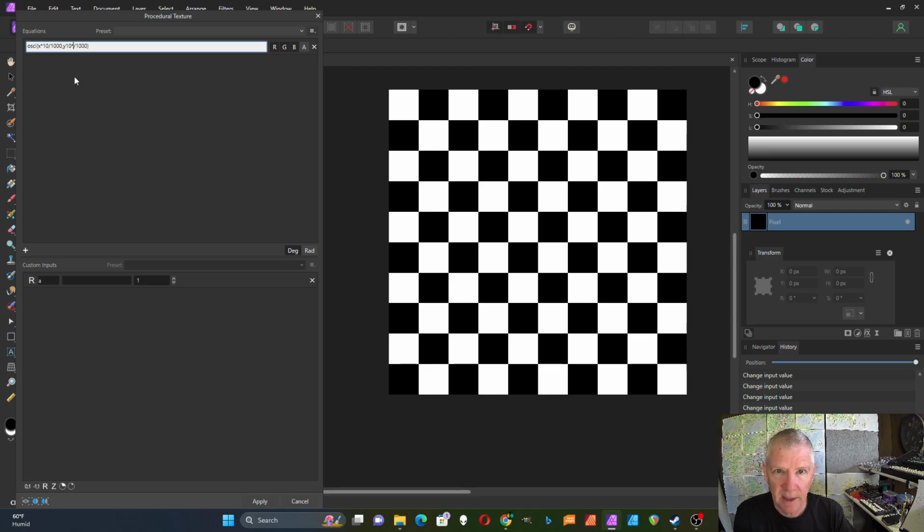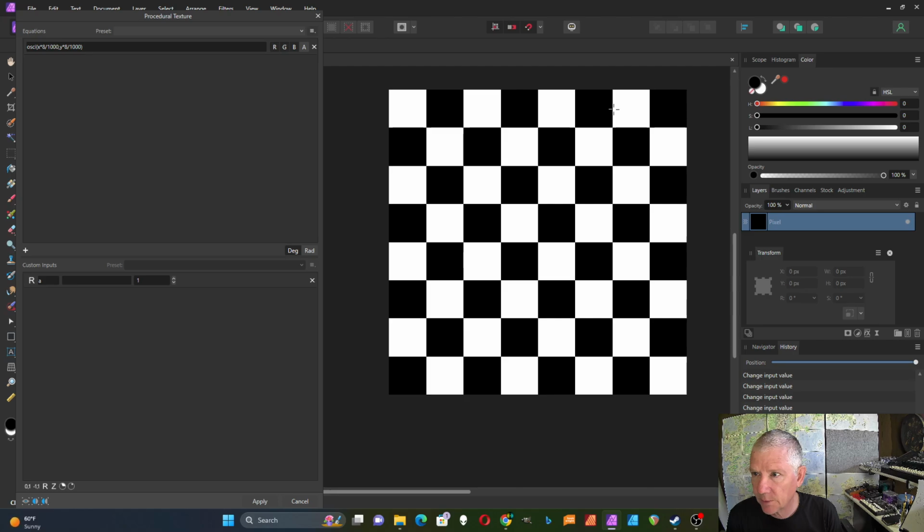That's the same as dividing by 100, right? And so it didn't change. If I multiply by 8, then I get 8 squares.